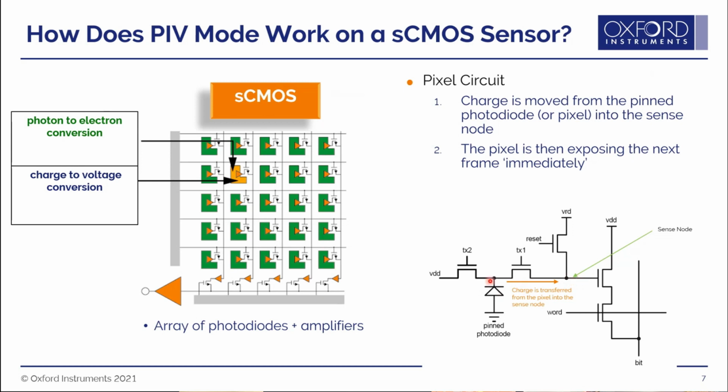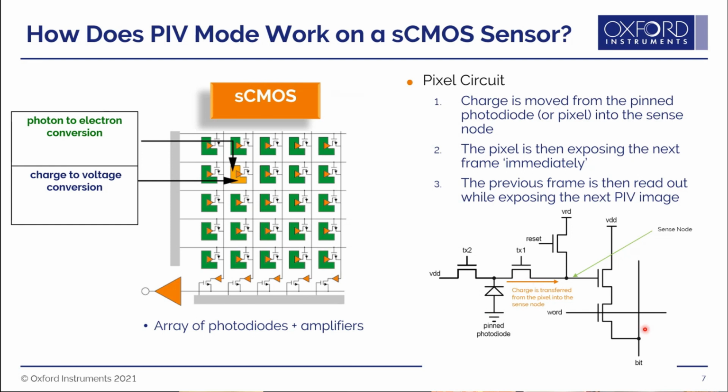While this pixel is exposing, you can then open these other gates to read out your previous image while you're exposing your next image, and you get good uptime, and that allows you to take these two frames really, really close together in time.